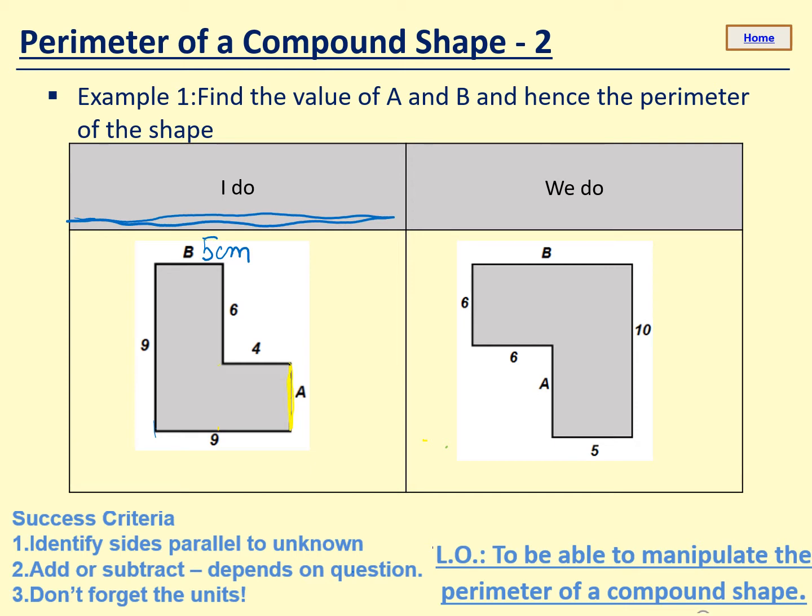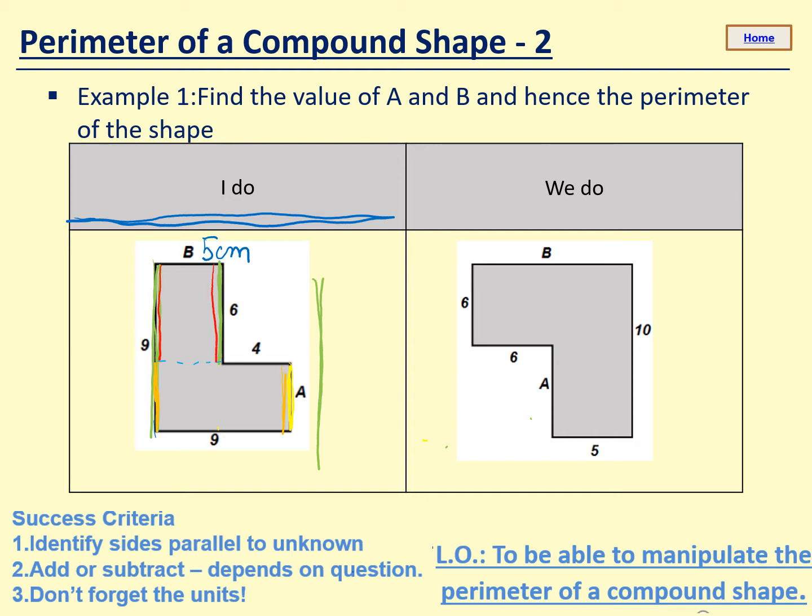Okay, now I want to work out A. Again, look at the success criteria: identify sides parallel to the unknown. So that's one. These are sides going that way, yeah, they are parallel. And this is another one. Again, I noticed that if I draw this line here, then this is the same as my A, and this is the same as 6.